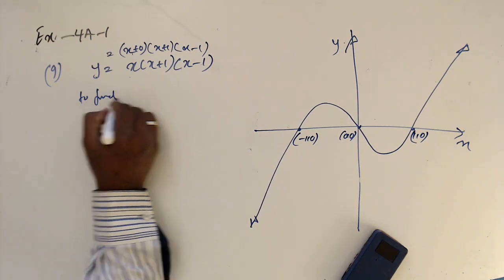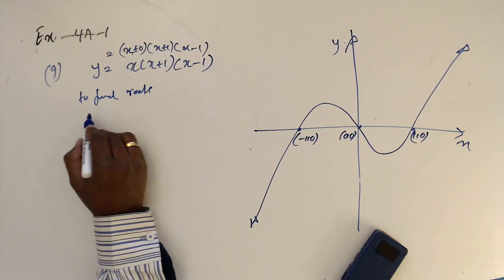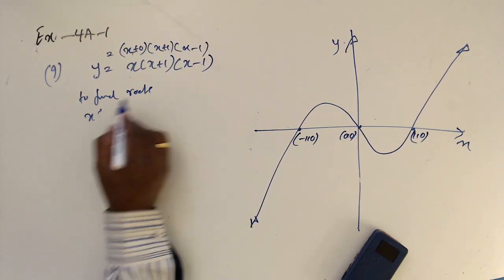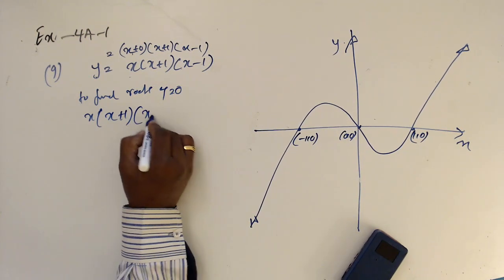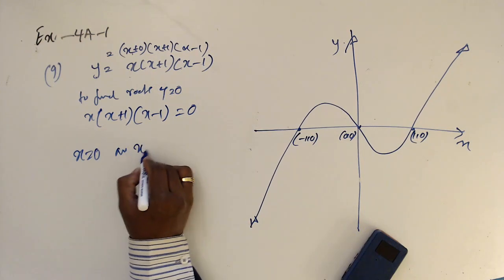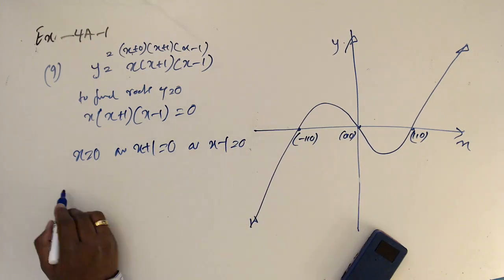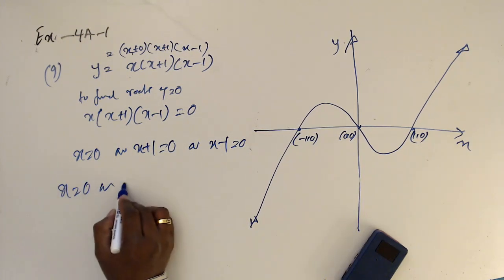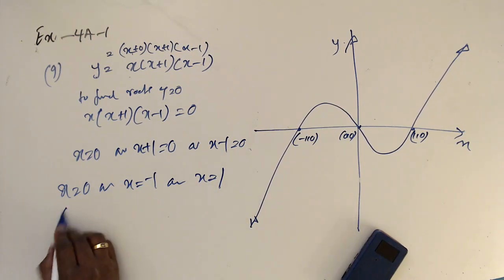To find roots, y equals 0, x times x plus 1 times x minus 1 equals 0. So x equals 0, or x plus 1 equals 0, or x minus 1 equals 0. x equals 0, or x equals minus 1, or x equals 1.